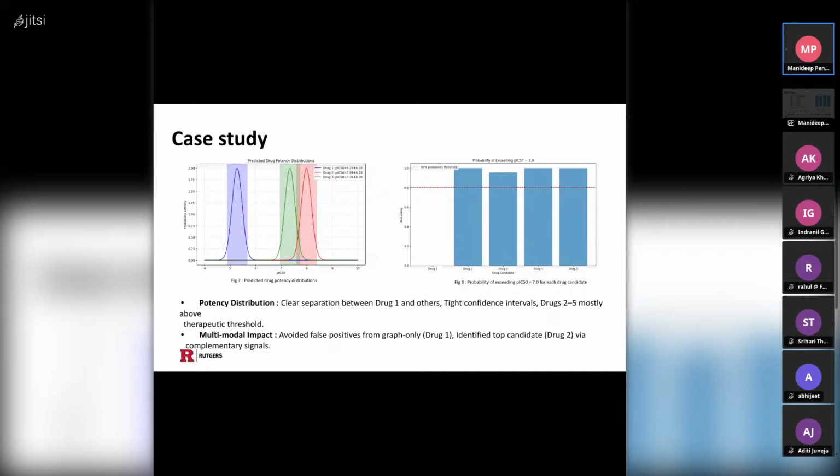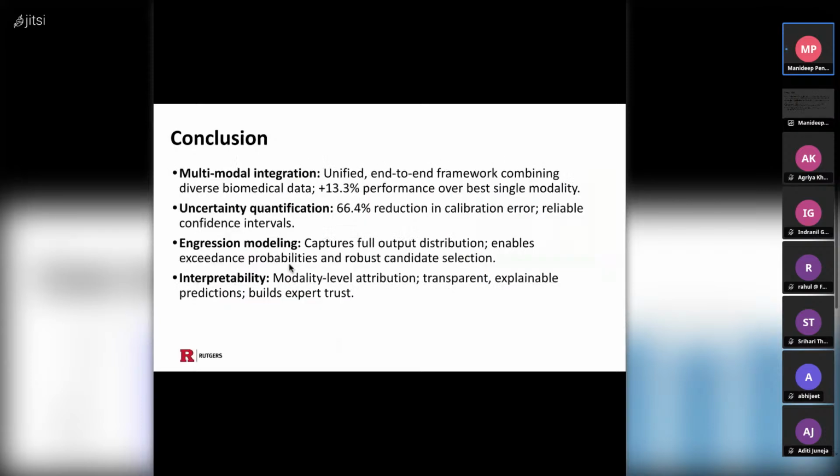So this is an example of how a potency distribution would look. They're all just your normal distributions. In conclusion, this unified end-to-end framework combining diverse biomedical data gave us a 13.3% performance improvement over the single modality, that is GNN only.